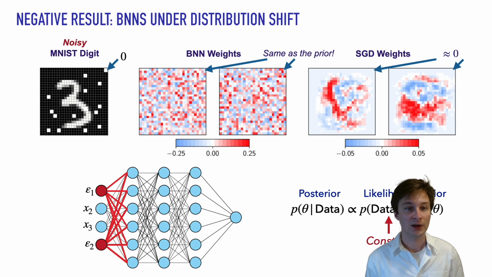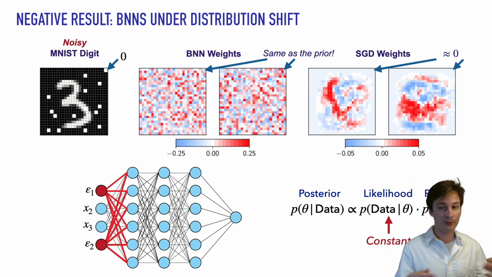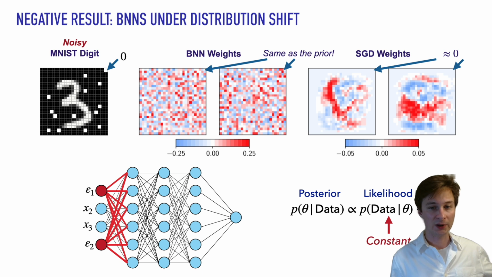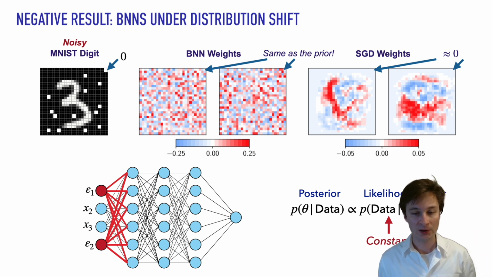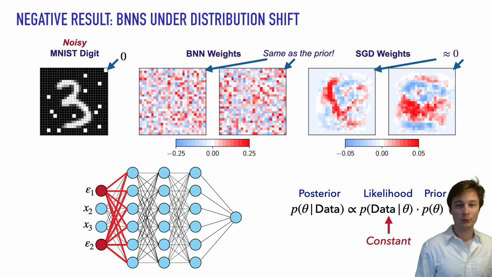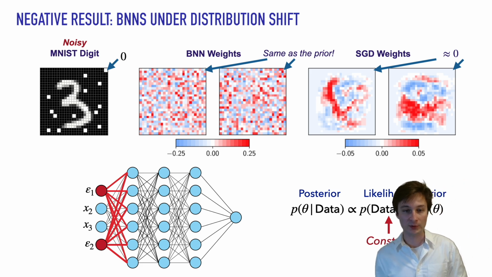And so then, at test time, if we perturb the input, so we apply, for example, some Gaussian noise to the image, then those pixels that were always black will now sometimes activate. And effectively, in the Bayesian neural network, we'll take those random values of the pixels and multiply them by the random weights that are sampled from the prior.